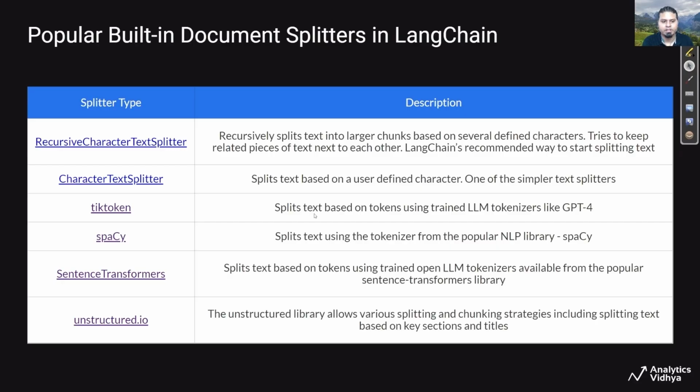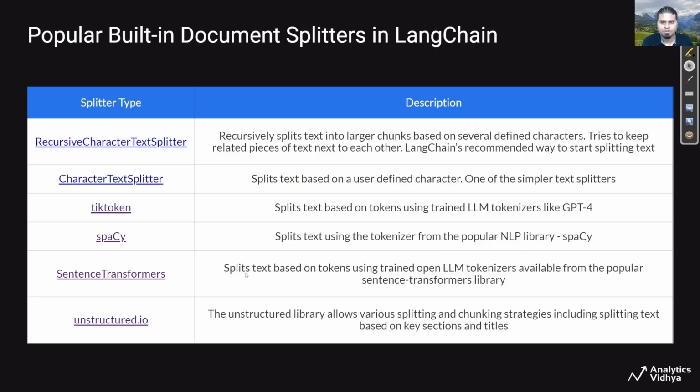TikToken helps in splitting text based on tokens, using these pre-trained or fine-tuned LLM tokenizers, like those for ChatGPT 3.5, ChatGPT based on GPT version 4, and so on. Spacy is a popular NLP library, and you can use Spacy also to split text using the tokenizer from this library.